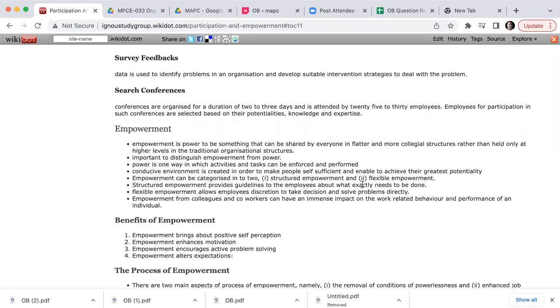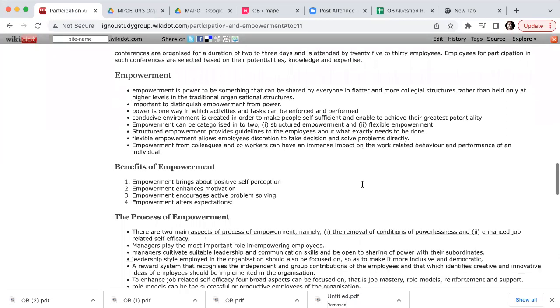That is structured empowerment, right? And flexible empowerment is at the discretion of the employee totally. They can use whatever way they want to solve a problem. Okay, so that is flexible empowerment. So that is about empowerment.